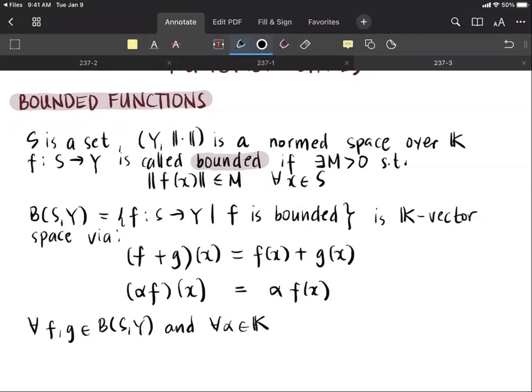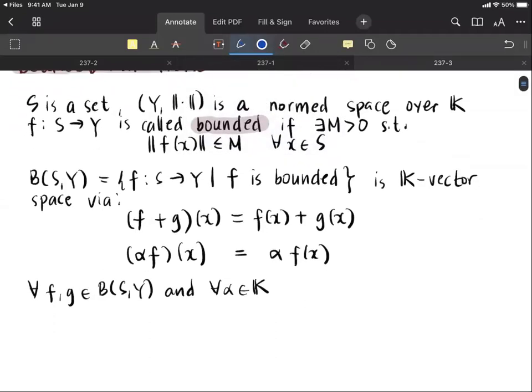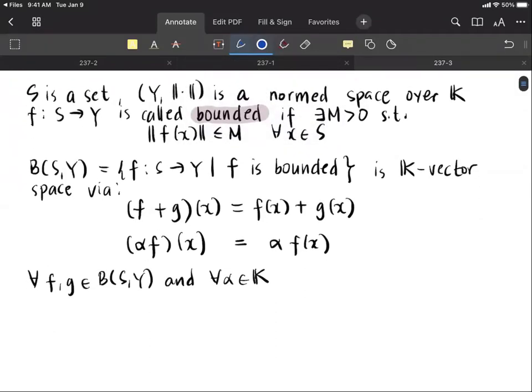One could show immediately that the sum f plus g of two bounded functions f and g is also bounded, and if f is bounded, then alpha f is bounded. The way to prove this is that with respect to the sum, you just take the sum of the upper bounds, and that would be the bound for the sum of the functions.